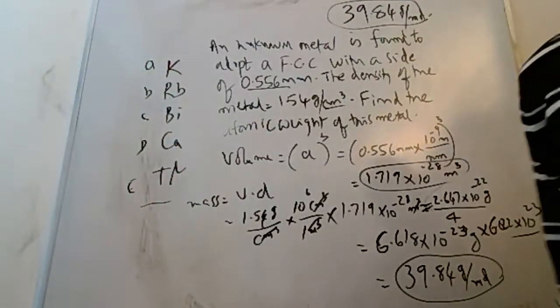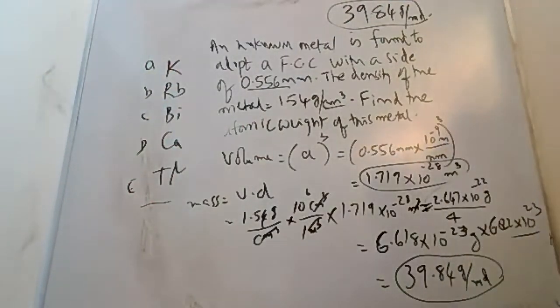You have to go back to your periodic table, which you will have unlimited access to during the exam. Now that you know your atomic weight is close to about 40, which metal has an atomic weight close to 40? Would it be potassium?